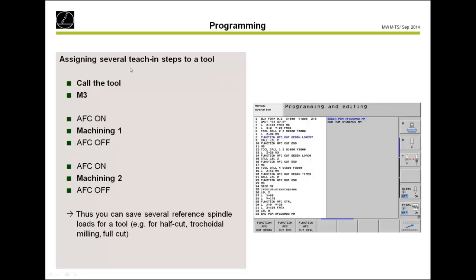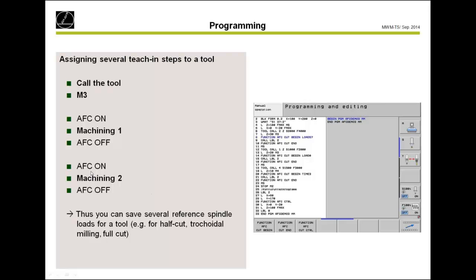When we have different machining operations with one tool, we can use this structure here. We make a tool call, then M3 spindle on, then we switch on AFC. We make our first machining, we switch off AFC. So in this machining we first learn, and then we can switch to control.